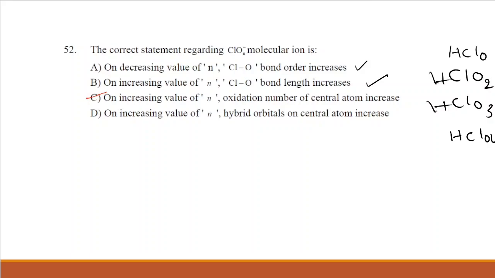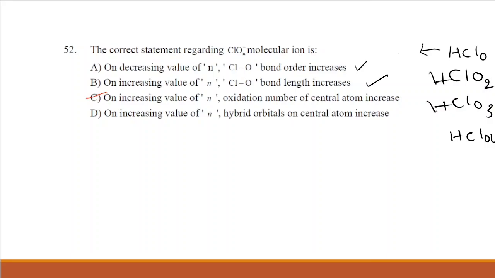Then what about the third statement, on the increasing value of n, oxidation state of the central atom increases. See, with increase in the number of oxygens, here n means number of oxygens, no doubt the oxidation state increases. If we consider the chlorine oxidation state in HClO, hypochlorous acid, it is +1.